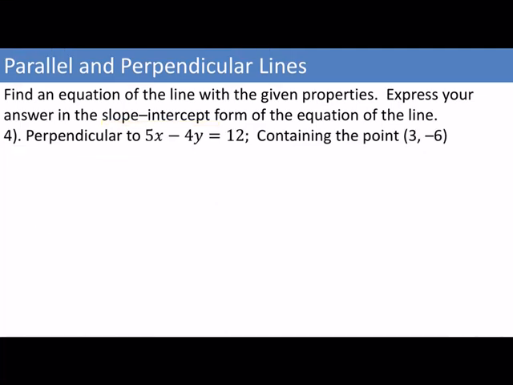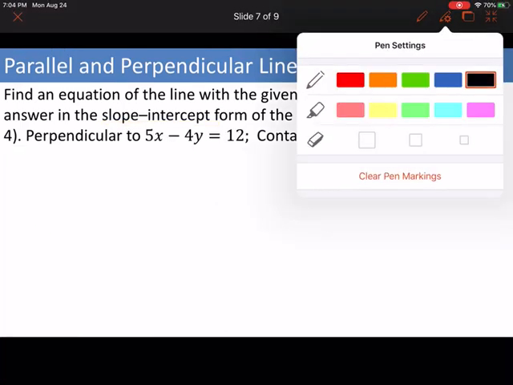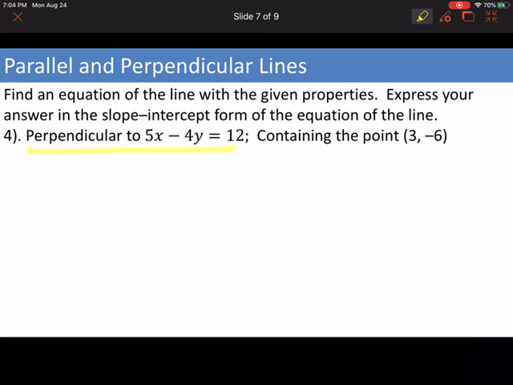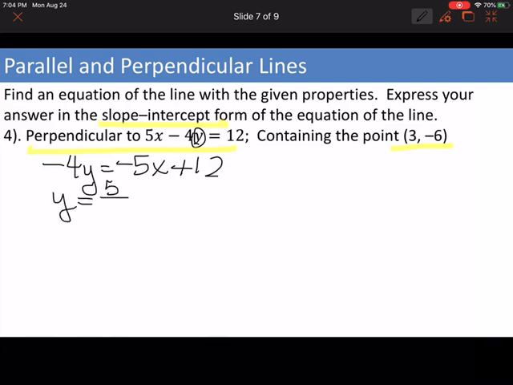So let's try one that is perpendicular, but also again in standard form. So we're solving for y. And just being careful, negative and a positive. Trying not to go too fast. Okay, so it's opposite reciprocals.